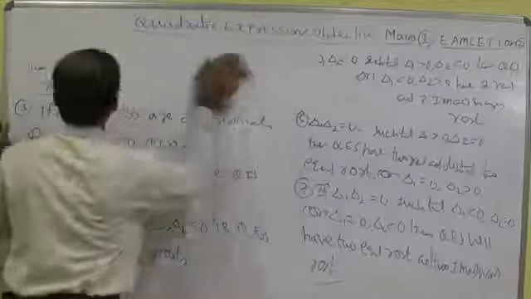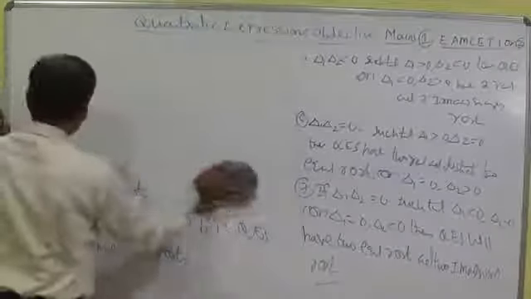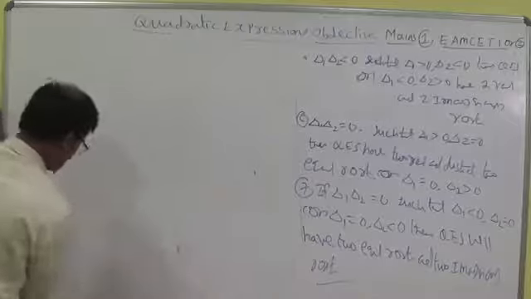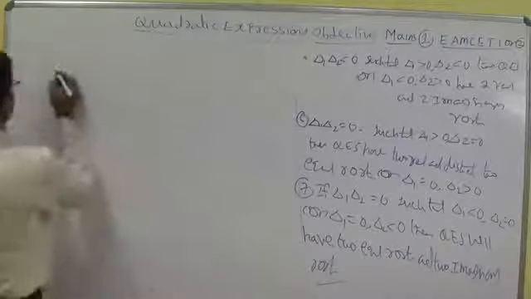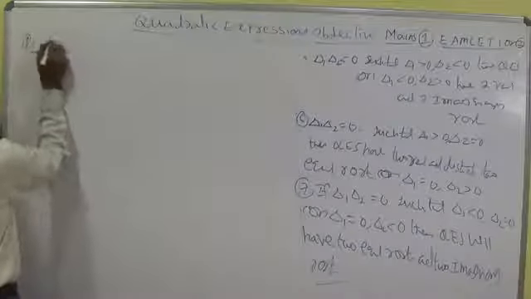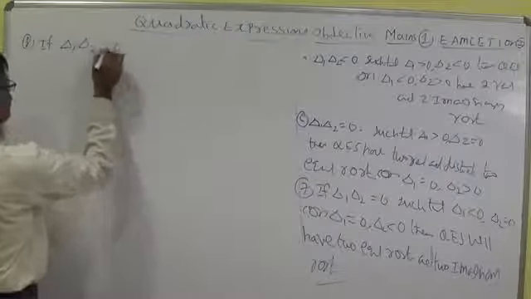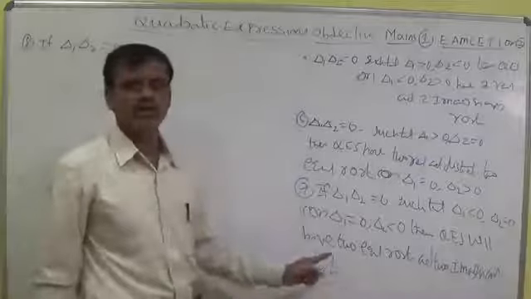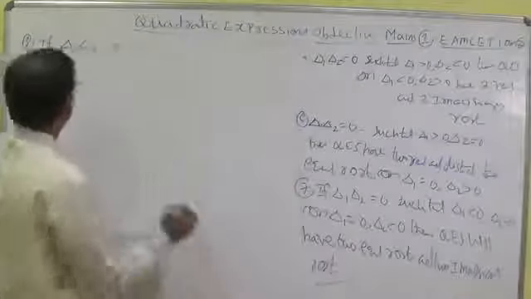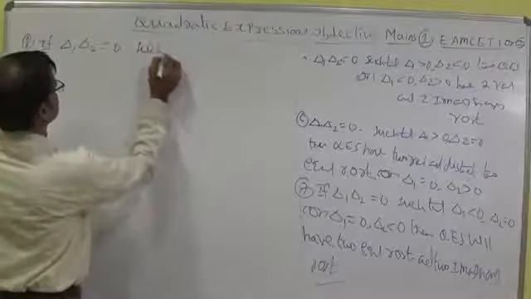Next, the 8th point also depends upon the delta 1, delta 2 concept. Delta 1 into delta 2 equal to 0. If delta 1 into delta 2 equal to 0, two cases we had written and explained.